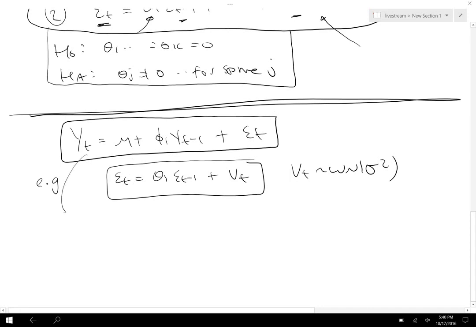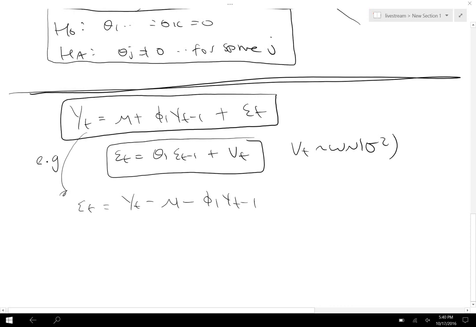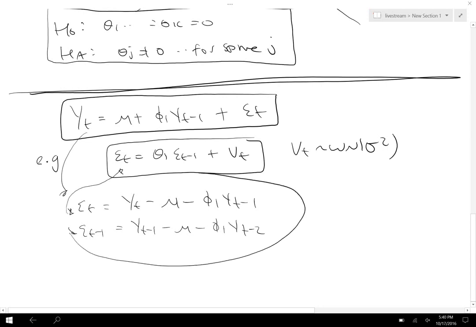We know from here that epsilon_t is y_t minus mu minus this. So just rearrange. And again, we can lag back one period, so everything holds equivalently one period back. So you just plug these two into this equation and rearrange. You're literally just rearranging equations here.